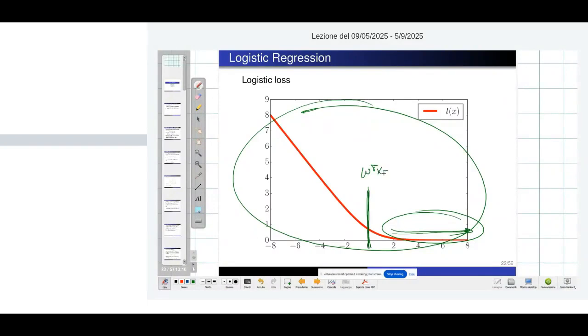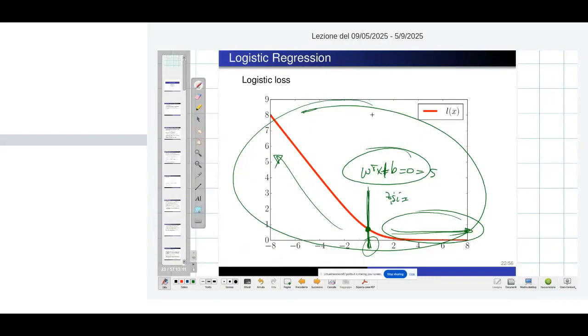Remember that the points which are on the separation boundary will have a score equal to 0. So Zi Si will be 0. So there are points that lie here in this plot. And those that are incorrectly classified will be penalized with a penalty that increases linearly with the distance from the plane.